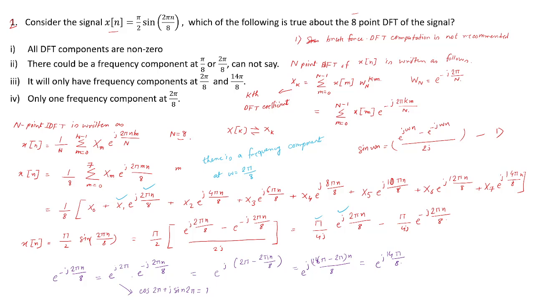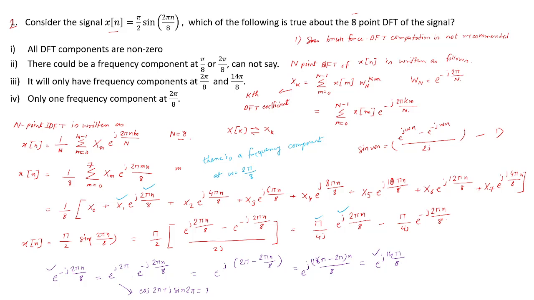Even if there is some negative frequency in your xn expression, and the IDFT doesn't contain a negative frequency, you should try to look at the corresponding positive frequency, because e to the power minus j 2 pi n over 8 is nothing but e to the power j 14 pi n over 8. This is because discrete-time frequency has a periodicity of 2 pi, so it keeps repeating.